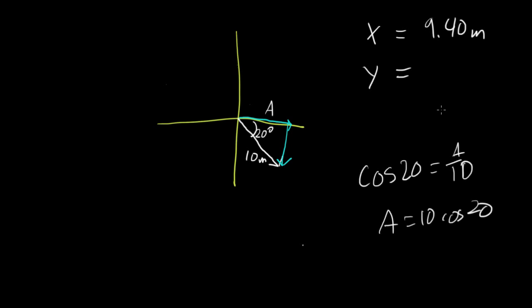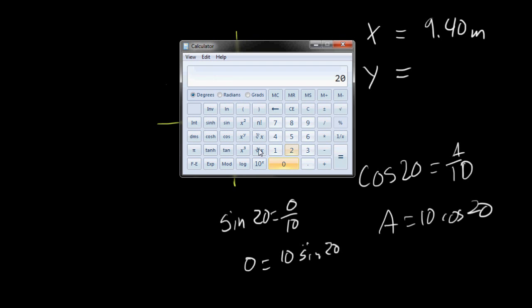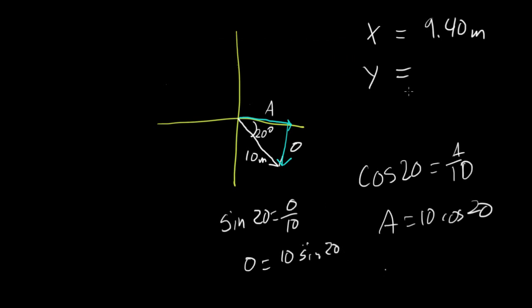And then we need the opposite, which works exactly the same way. So now we're doing sine, so sine of 20 equals O over 10, so O equals 10 sine of 20. So about 3.42.